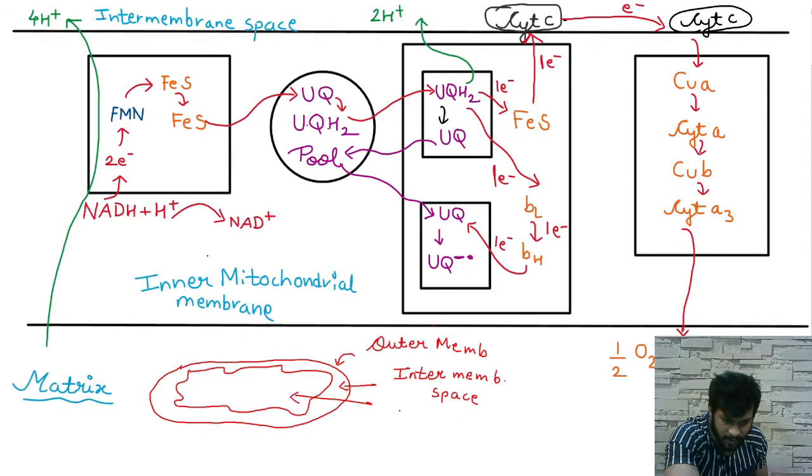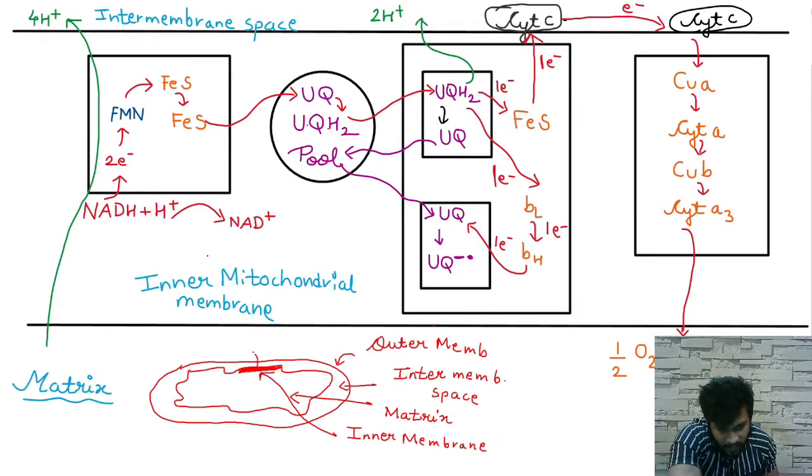This thing inside is known as the matrix, and this is the inner mitochondrial membrane. If we see the expanded view of the inner mitochondrial membrane, it will be like this. Can you imagine? This diagram is also very important to understand the basics.